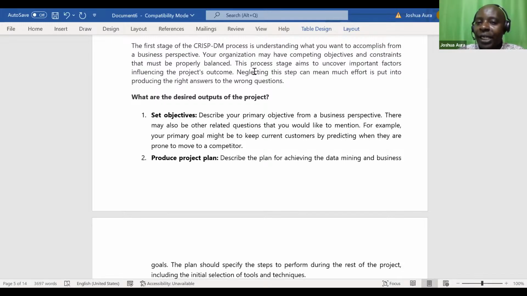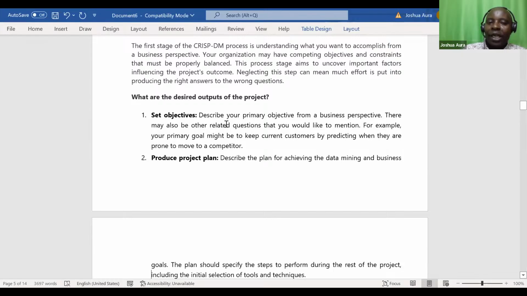Failing to understand the business whose data you want to analyze will be the worst decision ever. Neglecting this step can mean much effort is put into producing the right answers to the wrong questions. What are the desired outputs of the project? We must ask ourselves when we're trying to understand this business.